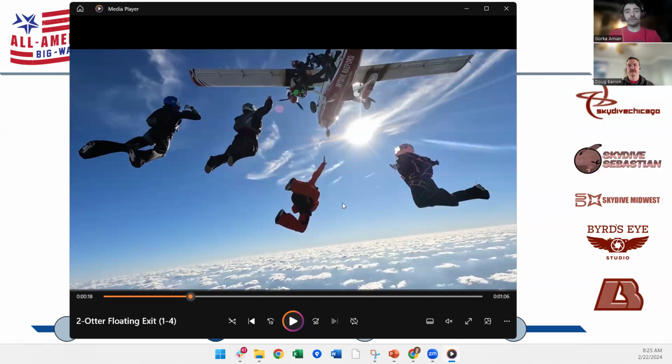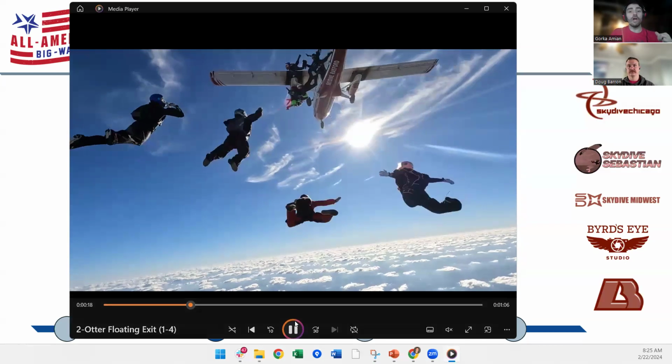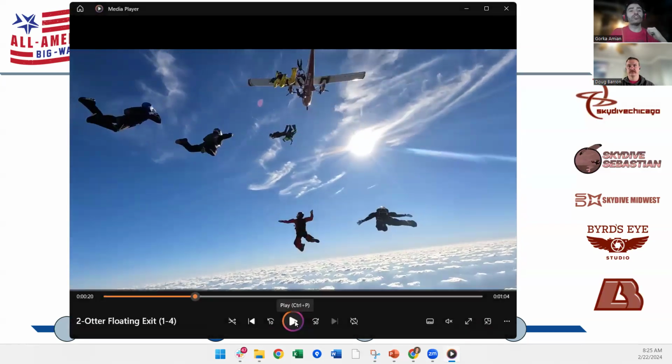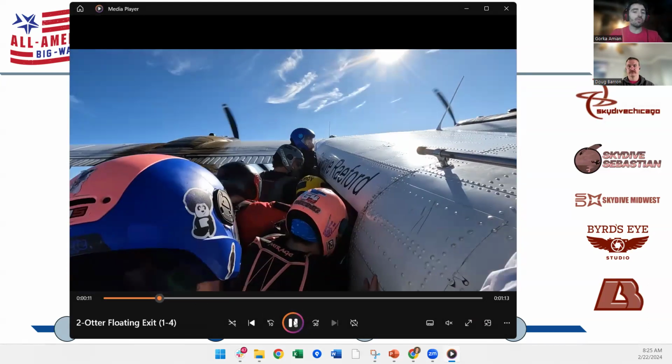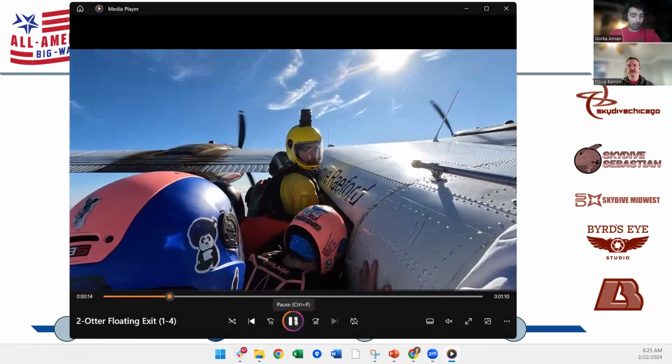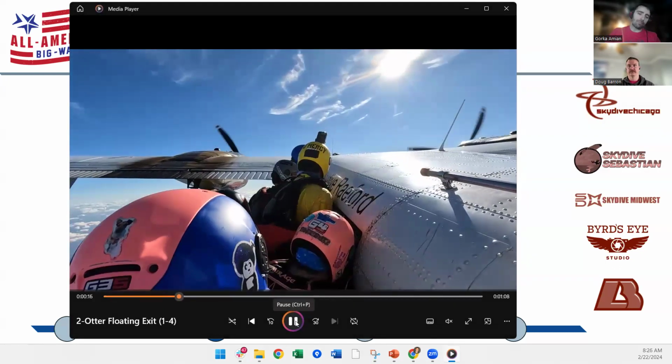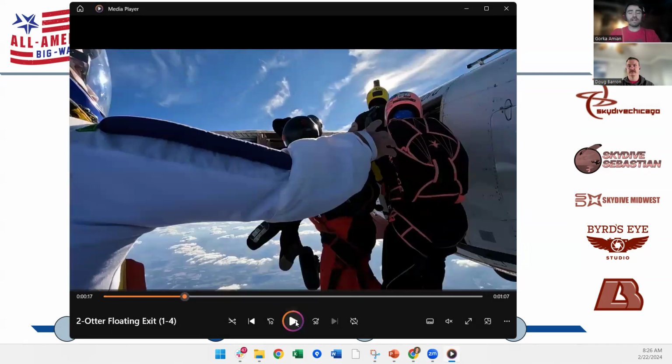We can see number 4 struggling with presentation, and then number 5 makes the same mistake that we were seeing on the tailgate exit prior, which is heading to the wind just a little too soon. We would have benefited from having our arms up just a little bit longer. And then number 6, we just wanted them to step down, which doesn't really happen. They step to the left, a little too much.